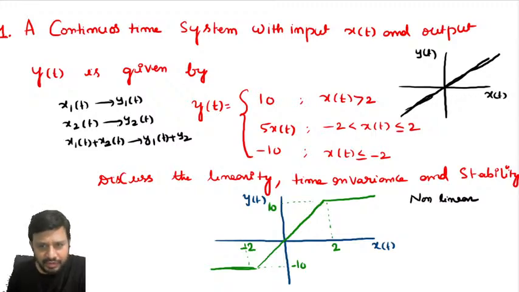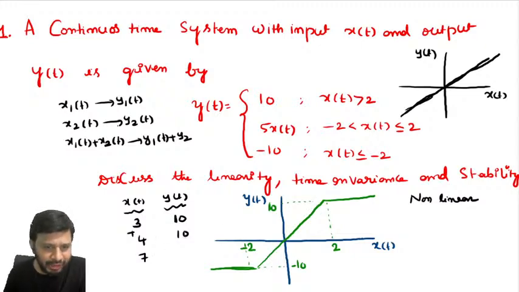Now if you observe from this input output relationship, x of t, y of t, I'll take here. What happens if your input is 3, output is 10? What happens if your input is 4, output is still 10. What happens if I add 3 and 4? 7. Yes or no? So if our system is linear, it must produce 20 as the output because additivity must be satisfied.